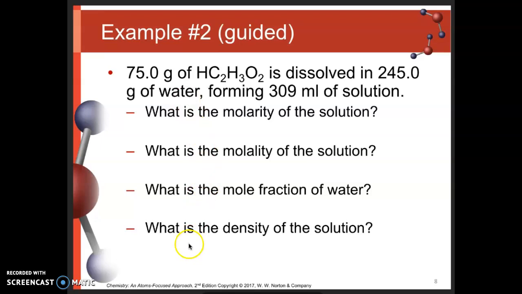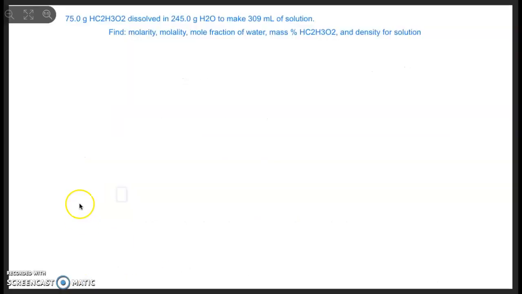So let's break this out into a larger space to show what we have to do. All right, so here we are in the whiteboard space. Find the molarity, the molality, the mole fraction of the water, the mass percent of the acetic acid, and the density for the solution.